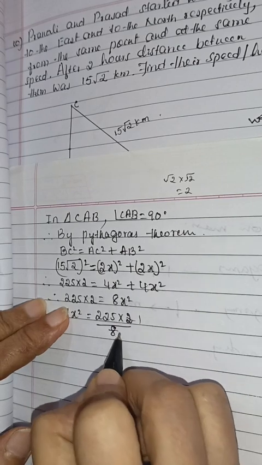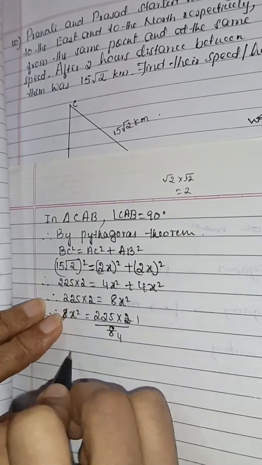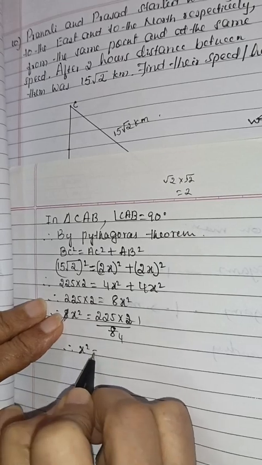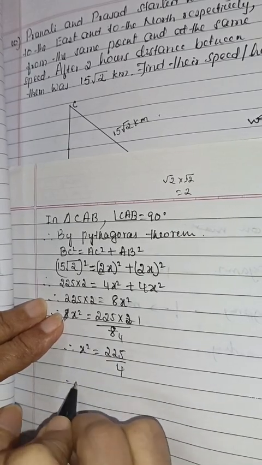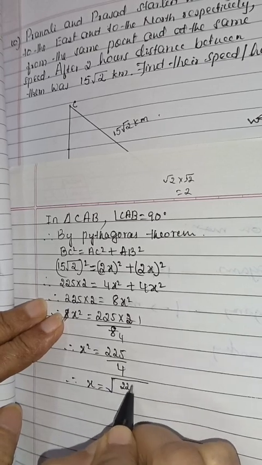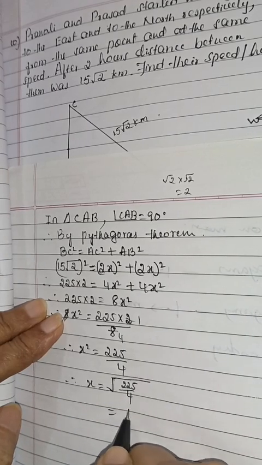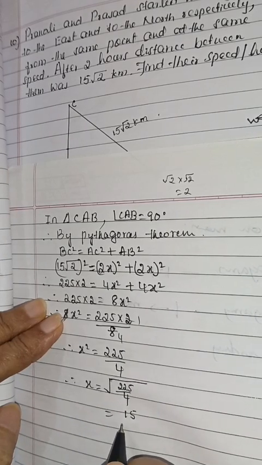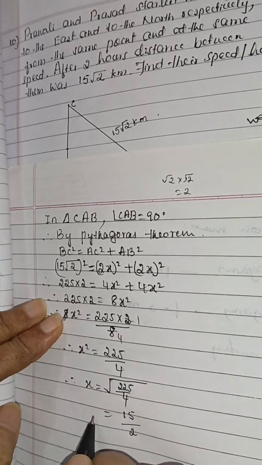Therefore 2 ones are 2, 4, 8, and x square is 225 by 4. Therefore x is square root of 225 by 4. 225 is 15 square, and 4 is 2 square.